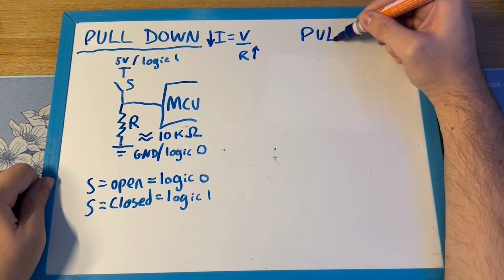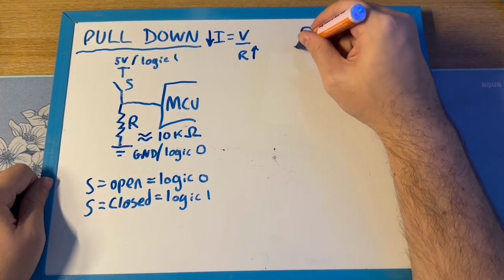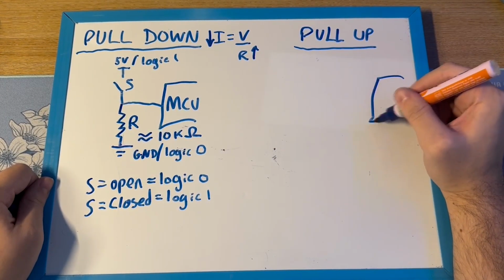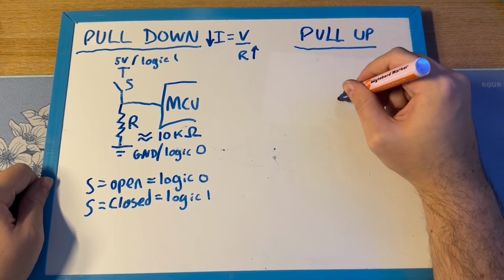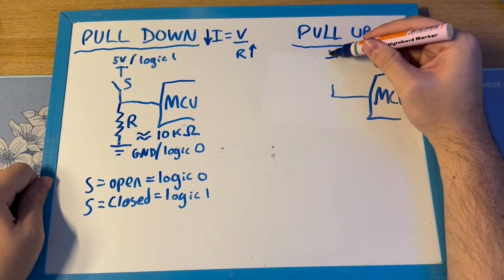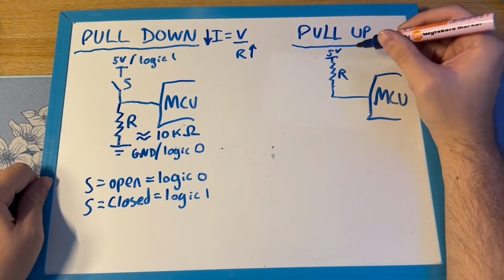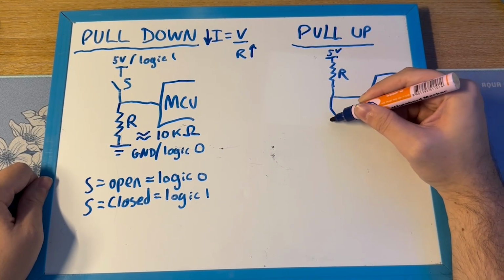Now let's look at pull-up resistors. It's the same setup really, but this time it's kind of the inverse. So here we have a resistor, the 5-volt signal, and this time the switch is connected to ground.